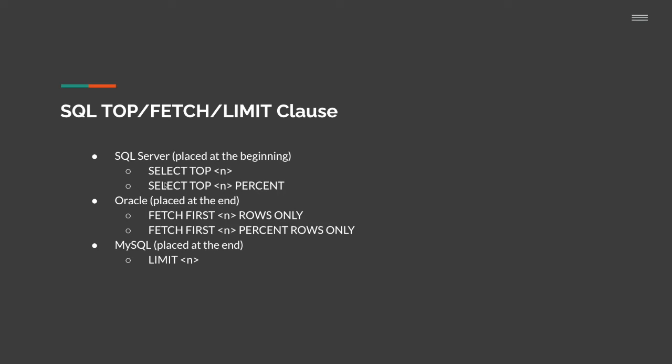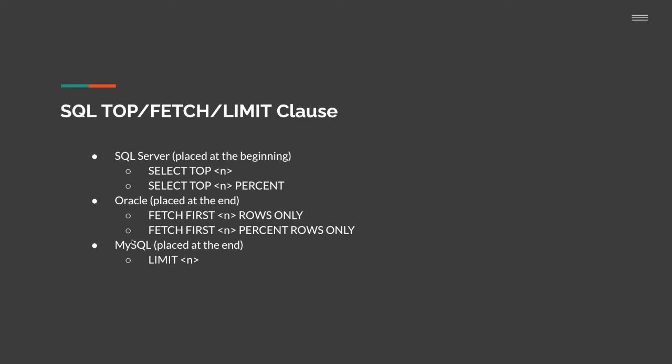So for example, if you wanted to see the top 10% of records, then you'd say select top, and then the numerical value here would be representative of the percentage that you'd want to be returned. Similar to that of the fetch statement, where you'd provide fetch first and then the number of records, and then provide the percentage, and then finish it with the rows only keyword.